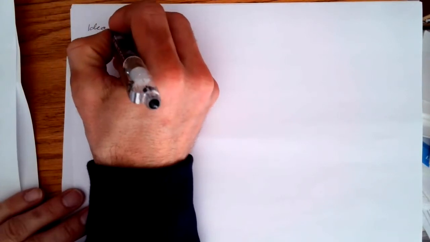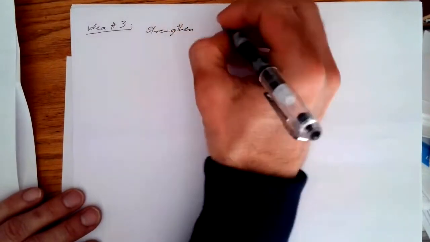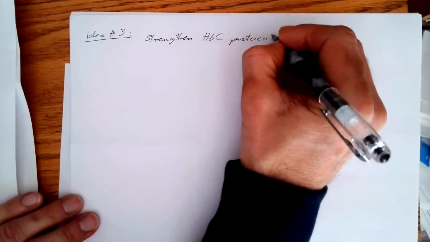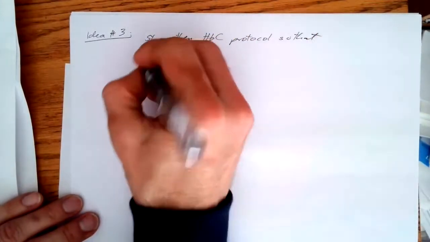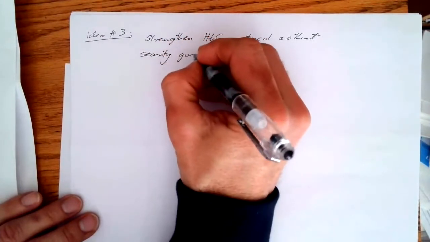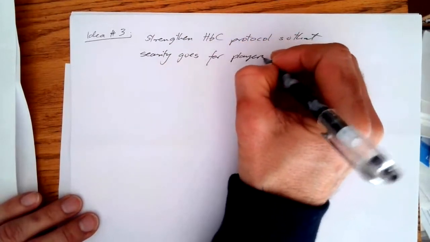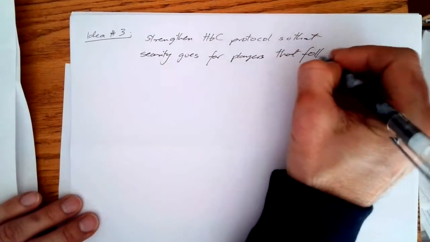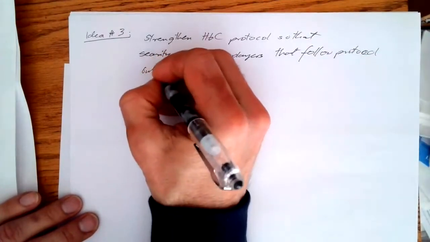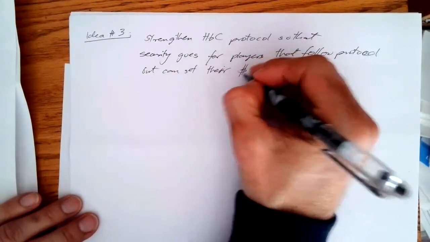So idea 3: strengthen the HBC protocol so that security goes for players that follow the protocol but can set their randomness arbitrarily.